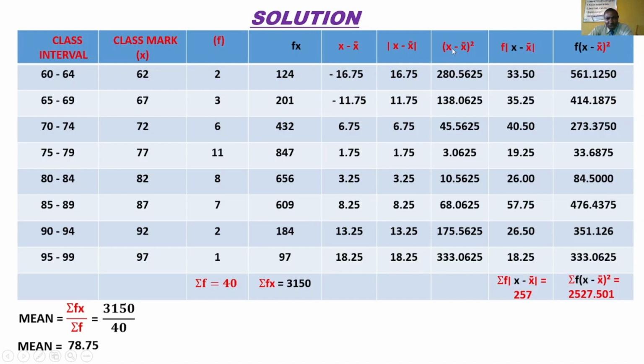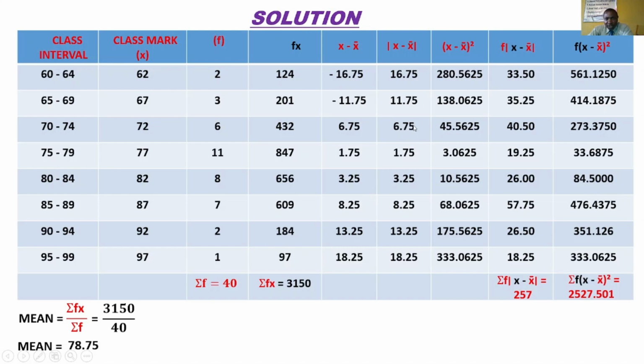Now after that, we have our x minus x bar all in the bracket with a square. Either you square this set of values or you square this one, you arrive at the set of values that we have here. So your 16.75 squared gave us 280.5625. Your 11.75 squared gave us all the set of values we have.